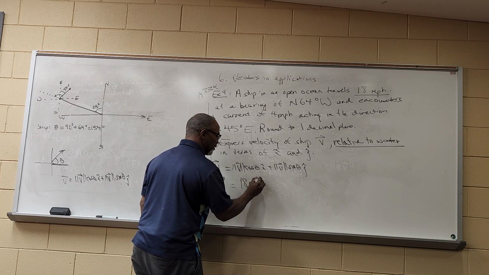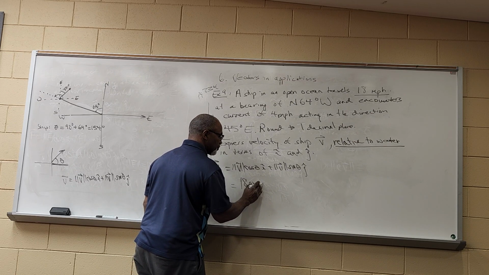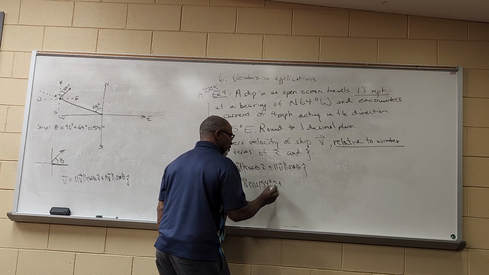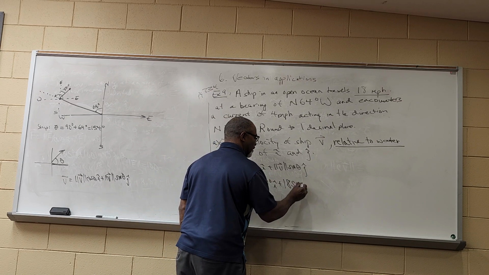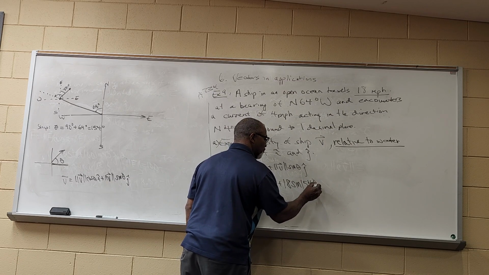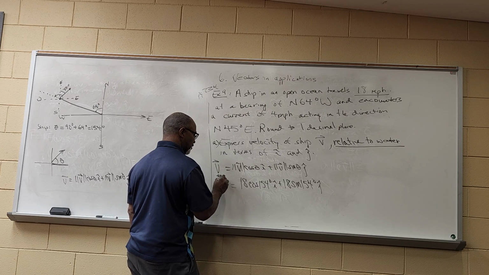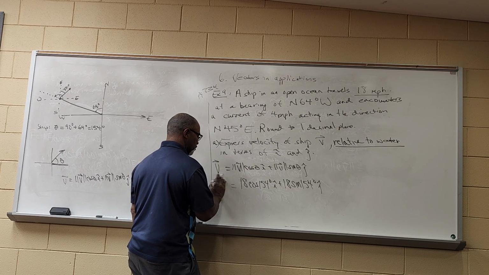That's 18 cosine of 154 degrees I plus 18 sine 154 degrees J. That would be my velocity vector for the ship.